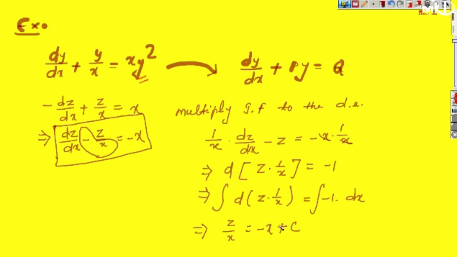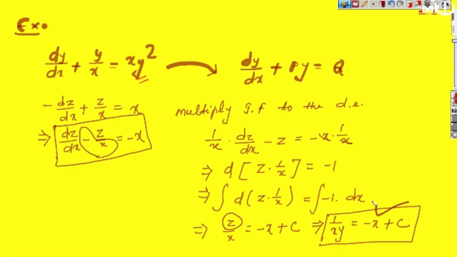So here whenever we find the solution, now we substitute z is equal to 1 by y, because previously we substituted z is equal to 1 by y, now we place the value of z, that is equal to 1 by y. So 1 by xy is equal to x plus c. Okay. So this is our solution of the Bernoulli equation.